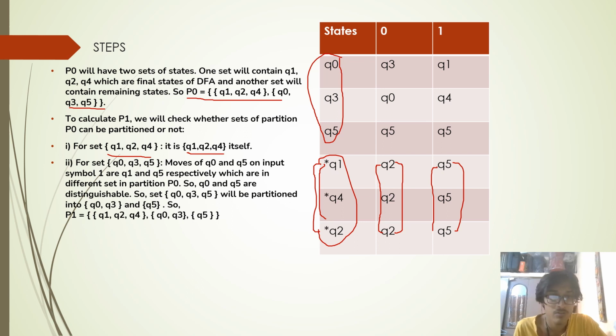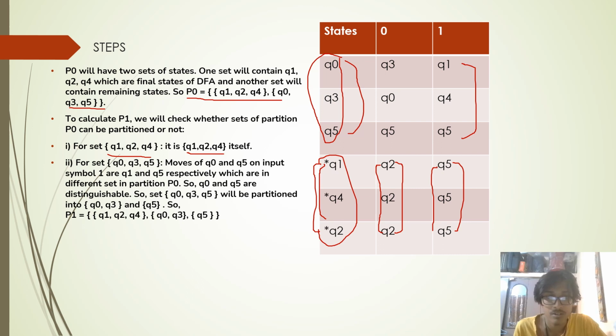Now let's go for the non-final states, which are Q0, Q3 and Q5. For the set Q0, Q3, Q5, the moves of Q0 and Q5 on input symbol 1 are Q1 and Q5 respectively. Here you can see that it's different: Q1 is in one set and Q5 is in another set.